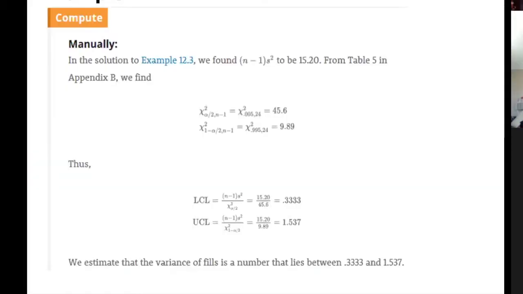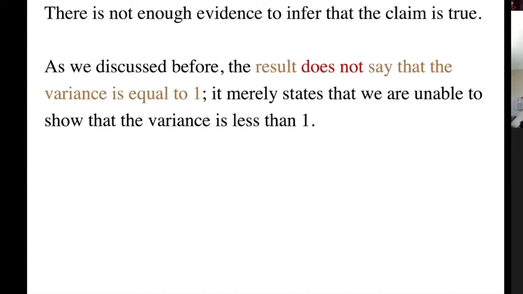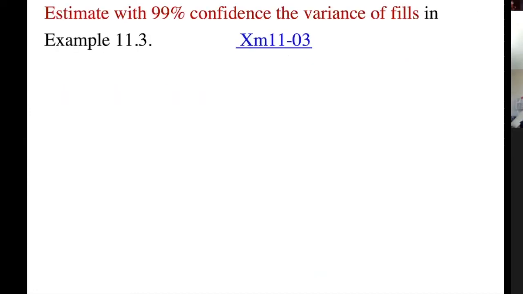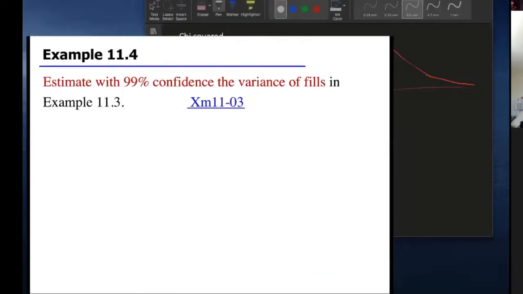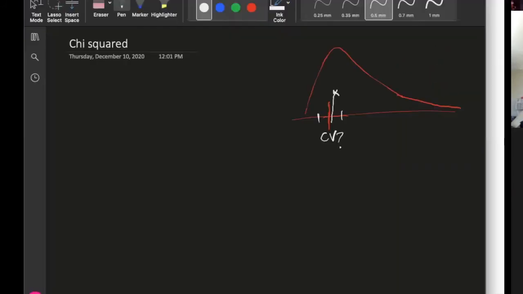Oh yeah, so what we can also do is go after the question to estimate with 99% confidence the variance of the field. So how much is the variance of the field actually? And we need to estimate it with 99% confidence. So this works the same as before. Our sample variance was 0.633, right?